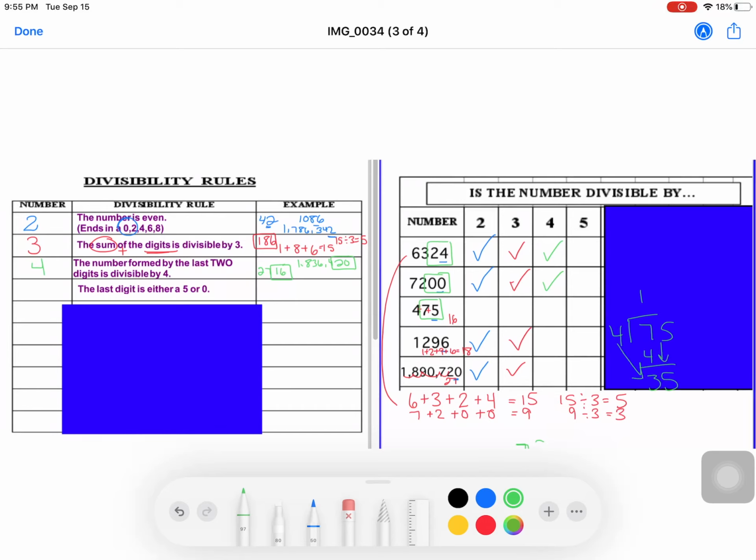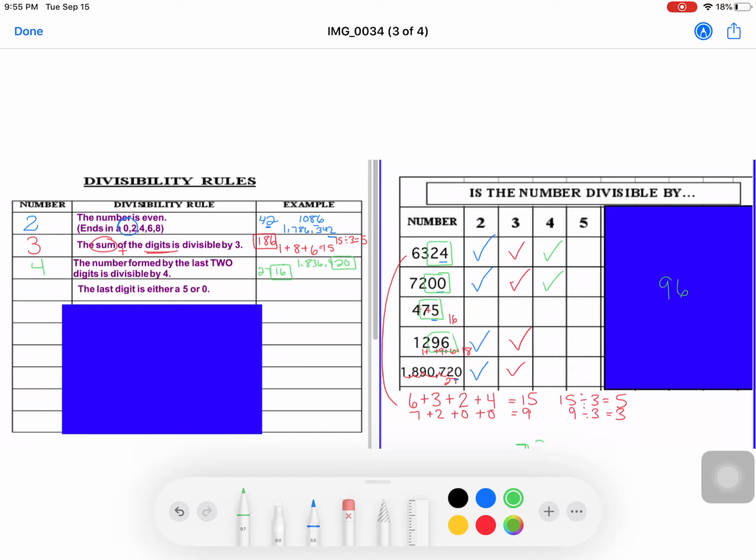And 4 does not go into 35 evenly. So I know that it's not going to go into 75, which means it's not going to go into 475.